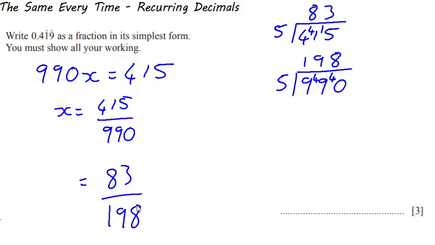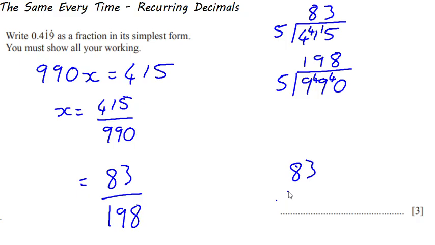Dividing by 5, no. Dividing by 6, no, if it doesn't divide by 3. 7 is always the tricky one. Can I divide by 7? Well, I don't think I can. 11 times 7 is 77, 12 times 7 is 84, so I can't divide by 7. Well, I think that's the end of that, isn't it? I'm trying to do this non-calculator, so I'm thinking it through whether I can actually simplify this or not.